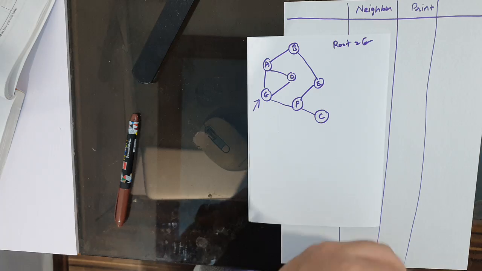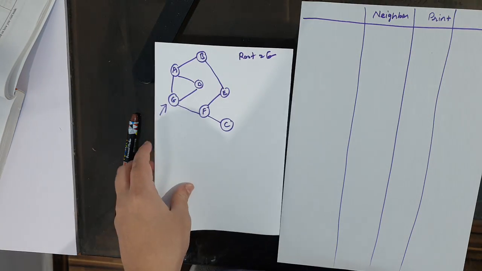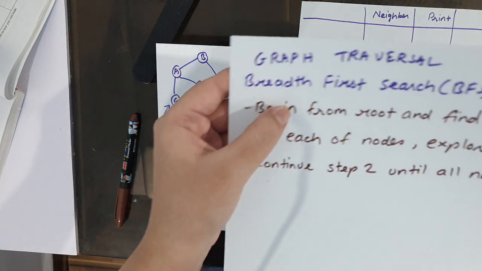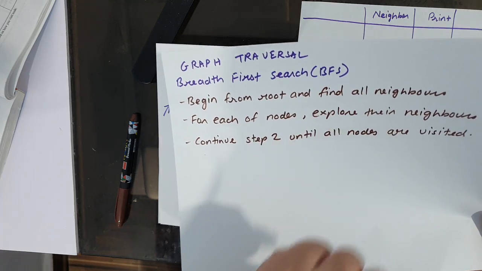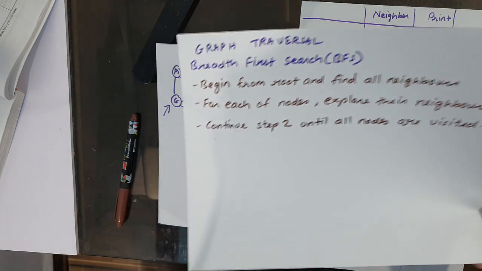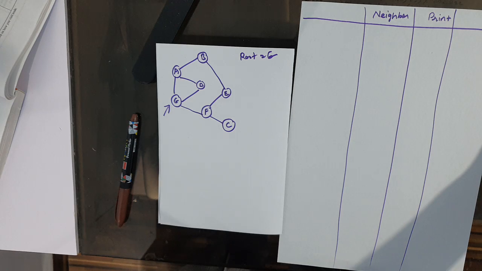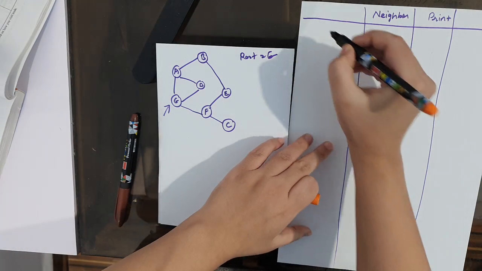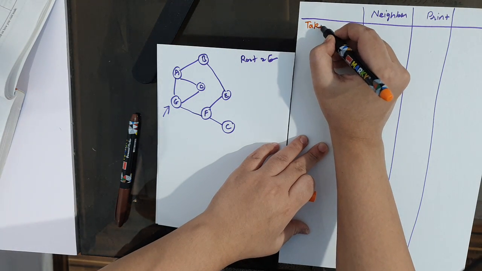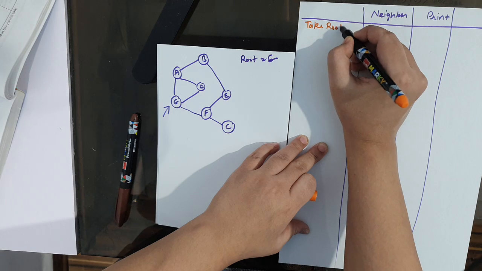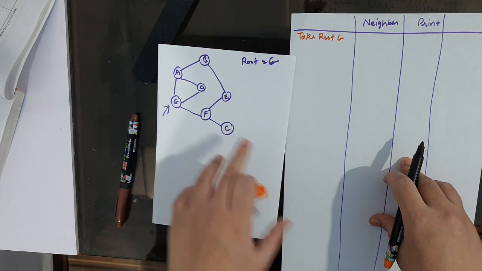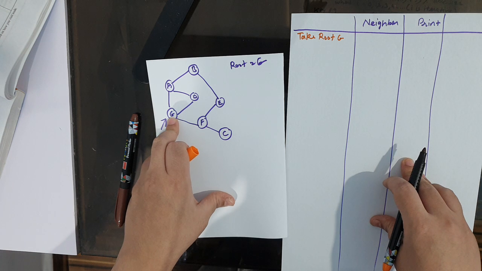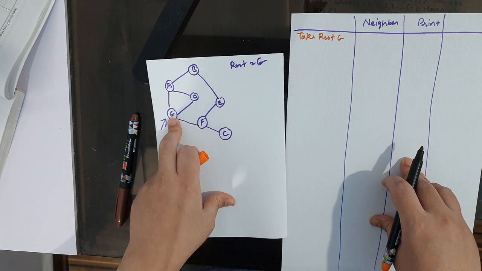As mentioned over here, we have to begin from the root and find the neighbors of this particular root. So first we take root G, and then find the neighbors of root G.